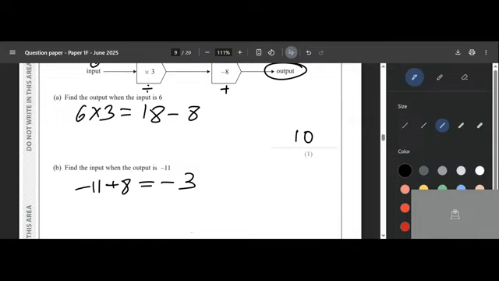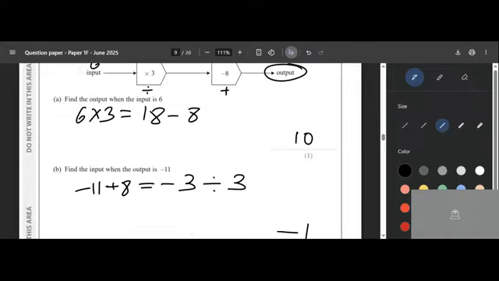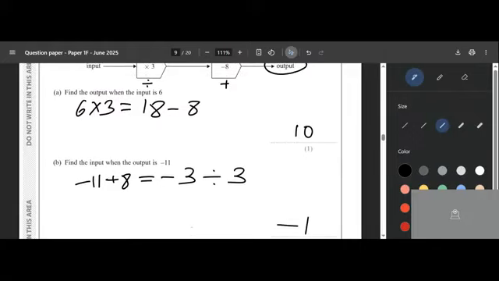So this -3 is the one that I'm now supposed to divide by 3 to give my answer as -1. And you can always insert here to confirm if you're right. Because -1 times 3 will give me -3, and -3 minus 8 should give you that number.